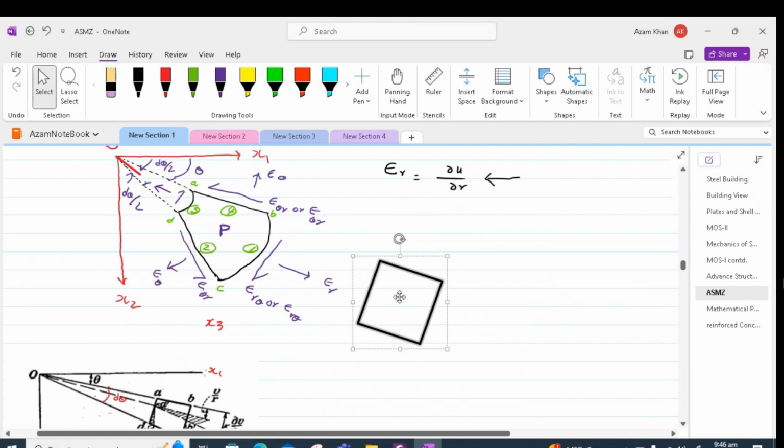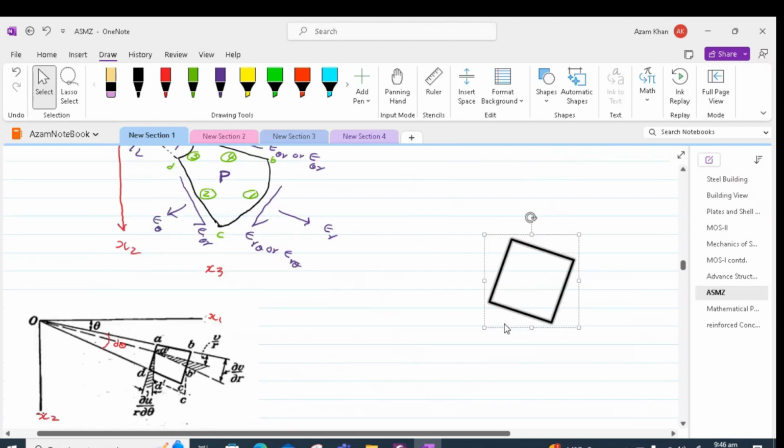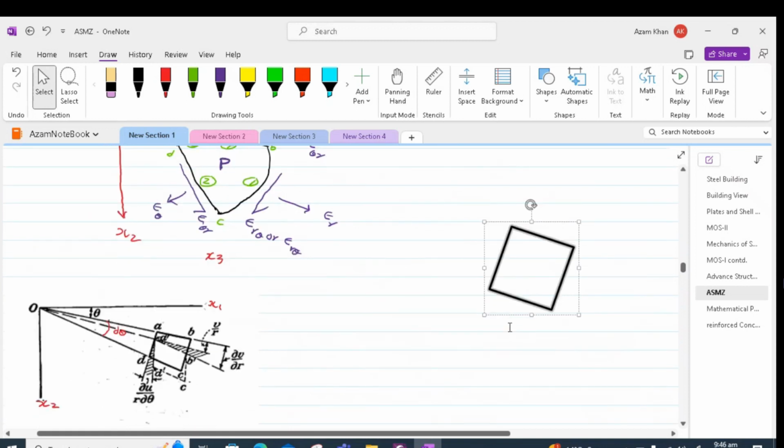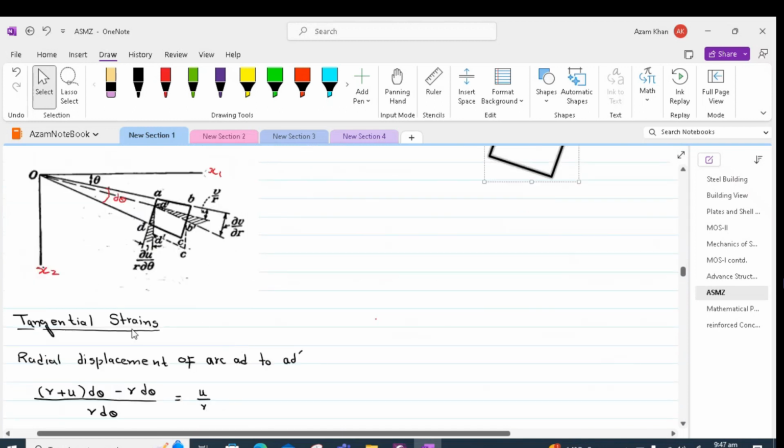However, in case of in-plane element which is getting displaced in the tangential direction, that will have some displacement in the radial direction also. So we have discussed two important points related to tangential strain.